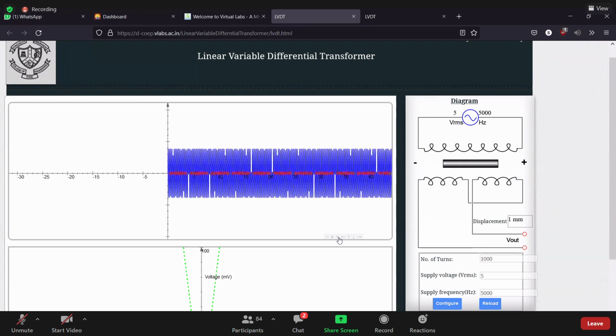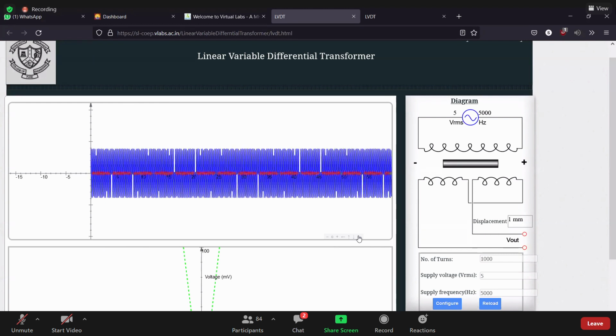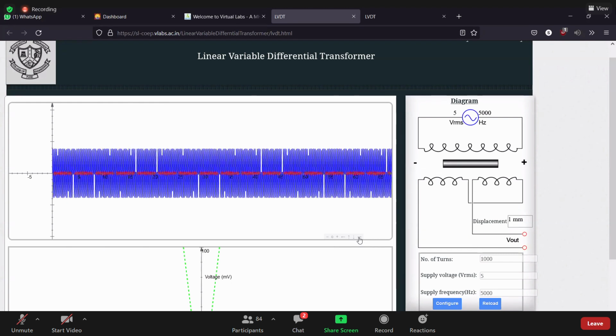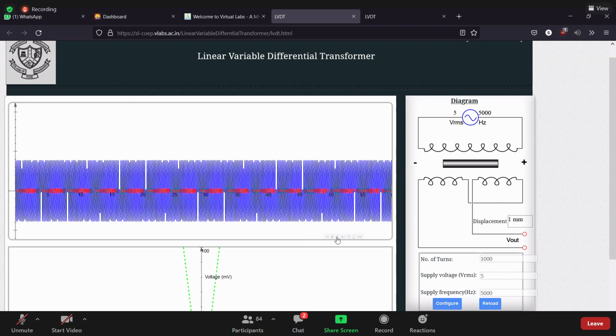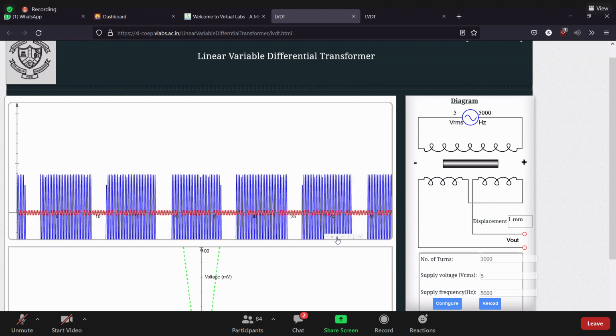Okay. Next. So move it to the right a little bit. Press plus now. Zoom even more, sir. Okay, you do one thing, change the frequency from 5,000 to 1,000, then we can easily understand.